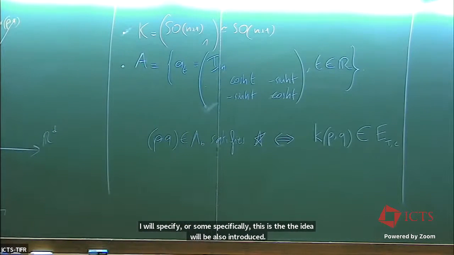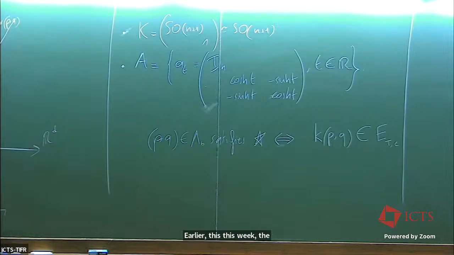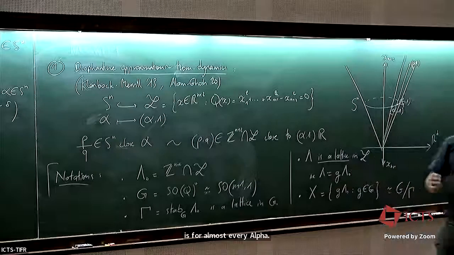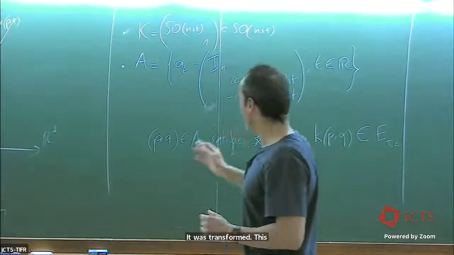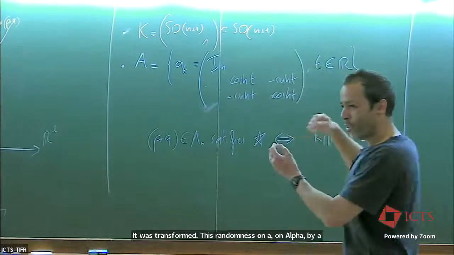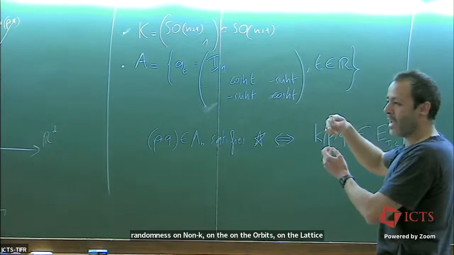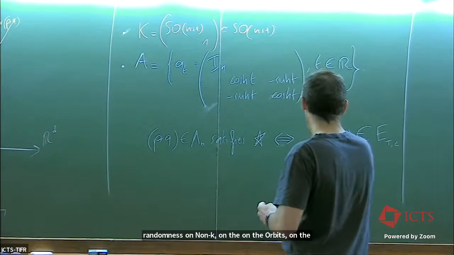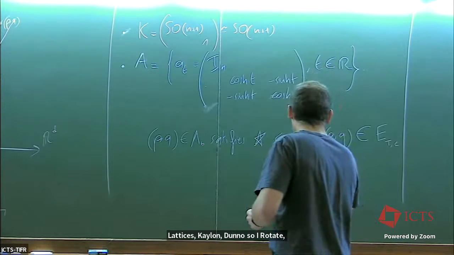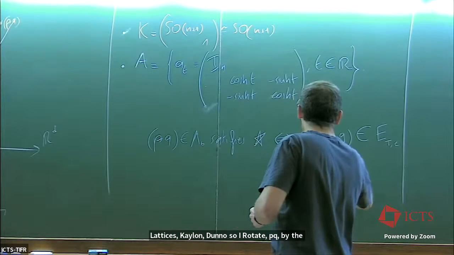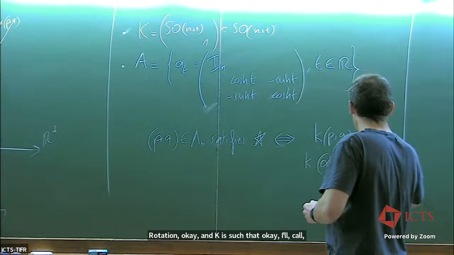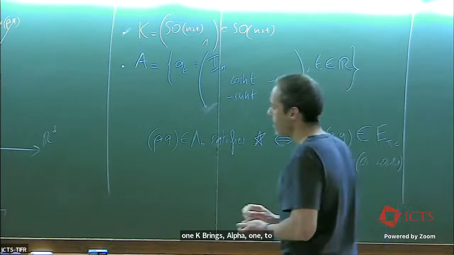The result we are looking for is for almost every alpha. We transform this randomness on alpha by a randomness on K on the orbits on the lattices K lambda naught. So I rotate PQ by the rotation K, and K is such that K brings alpha 1 to the 0, 0, 0, 0, 1, 1 vector on the lattice.